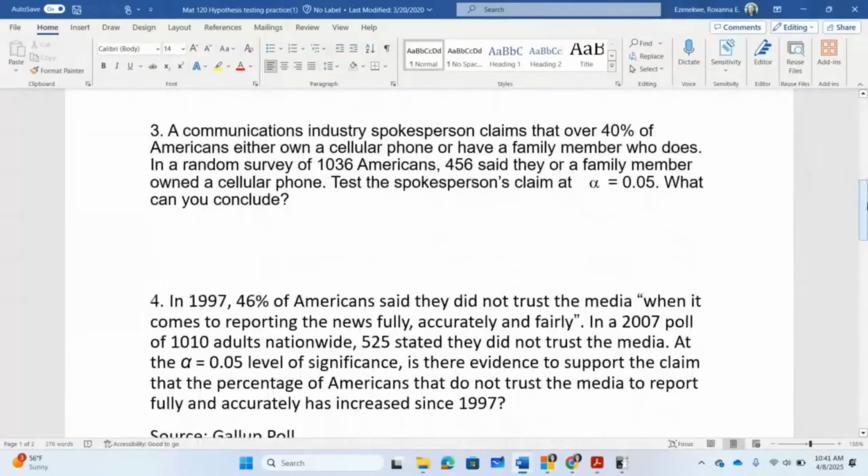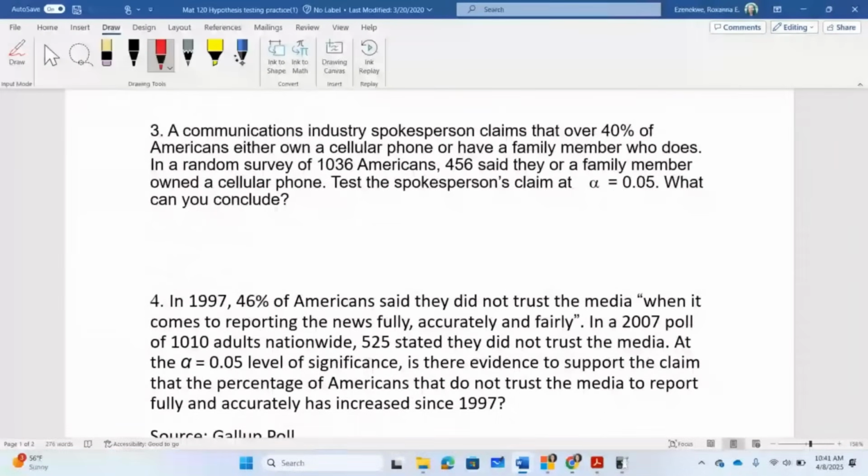So the question here, how do I know that this is a proportion hypothesis testing? First of all, the mean is given to me in percent, and they give me a sample size. So I'm using this sample to estimate whatever I have. This is X. Okay, so I have to start first. What is the point estimate?